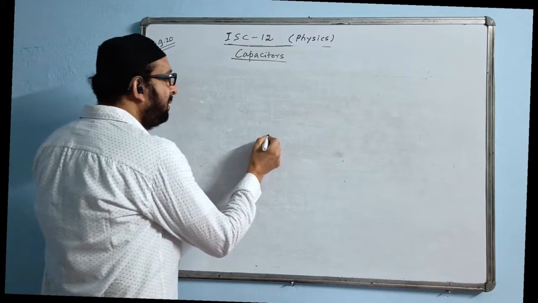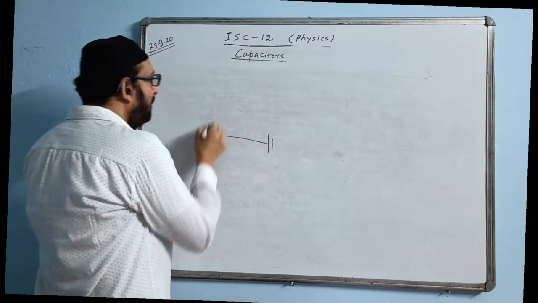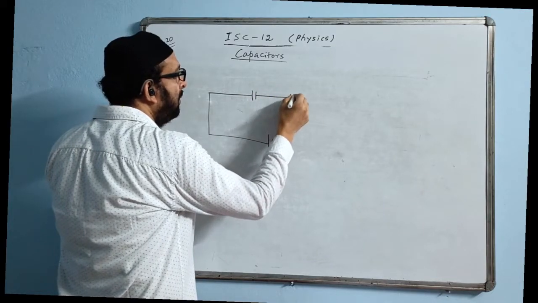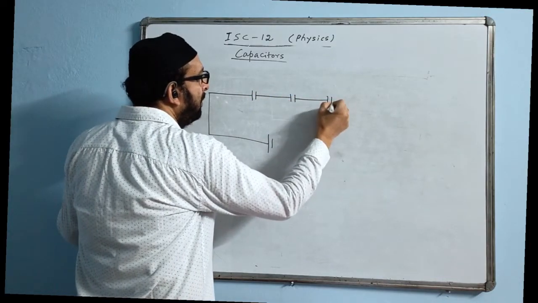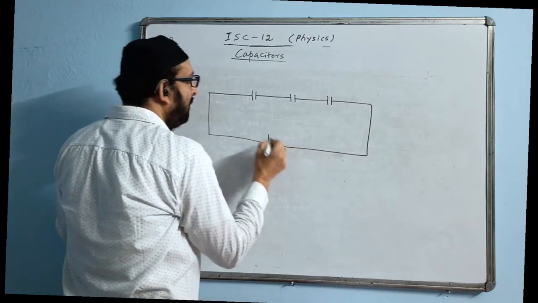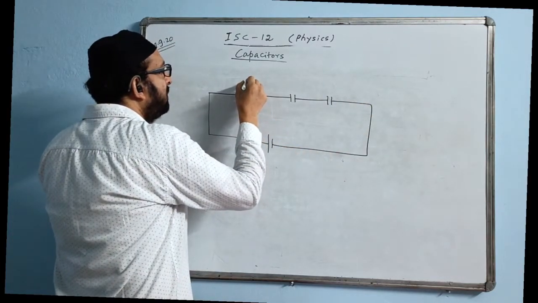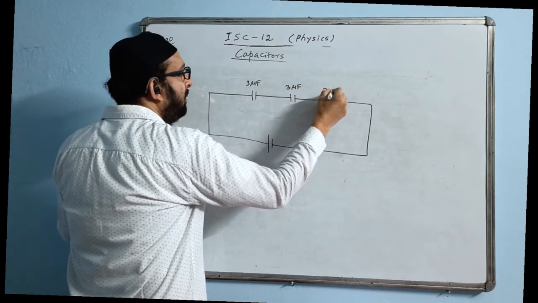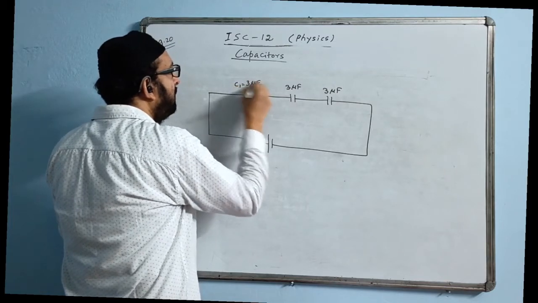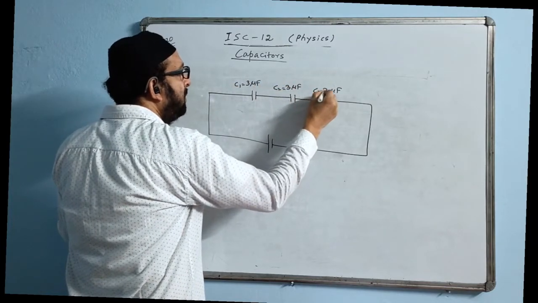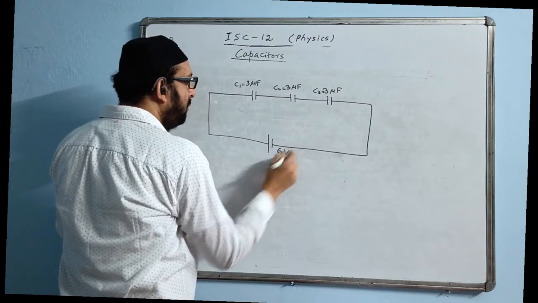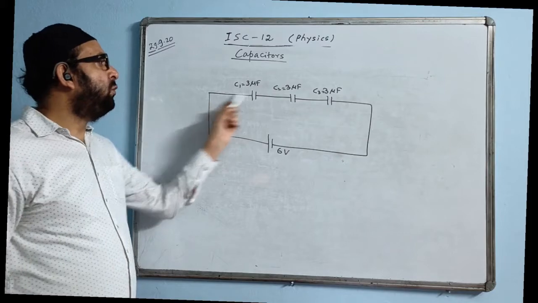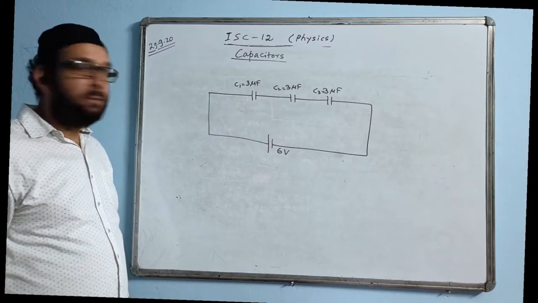They have given a circuit here like this. This is 3 microfarad, this is also 3 microfarad, 3 microfarad, this is C1, this is C2, C3, and out here is given 6 volt. That is the question. The question is asking to find the charges through each one of them.